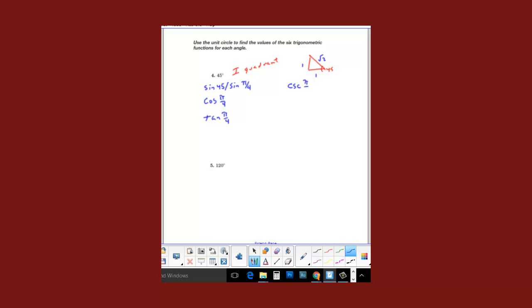Cosecant is sine inverted, cosine inverted is secant, and tangent inverted is cotangent. So basically we're going to take sine, cosine, and tangent and flip them upside down to get the cosecant, secant, and cotangent.